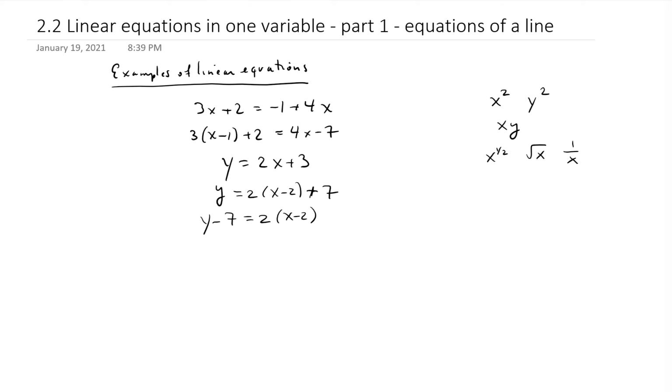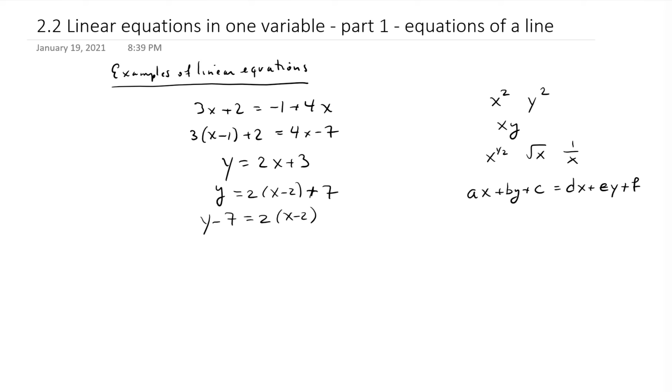So it's really, on both sides, after expanding, you should end up with an equation of the form, this is as general as it can get, I guess, after expanding. So after expanding, that's the most general linear equation you can get.